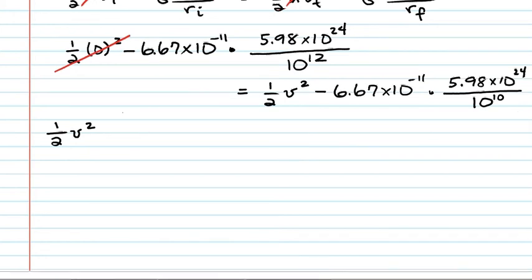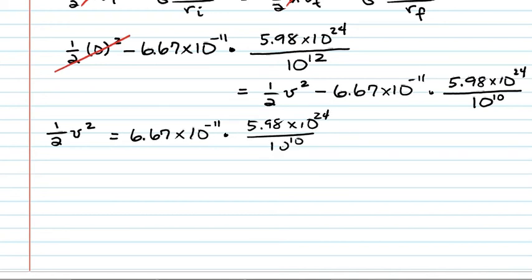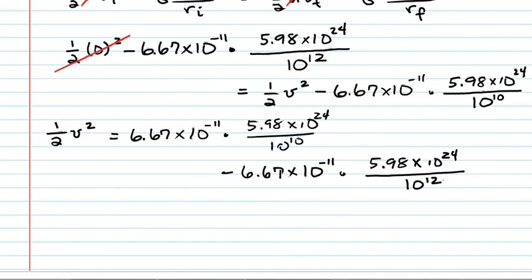So we're going to have the 1/2 v squared equals 6.67 times 10 to the negative 11 times 5.98 times 10 to the 24 divided by 10 to the 10 and minus the 6.67 times 10 to the negative 11 times 5.98 times 10 to the 24 divided by the 10 to the 12.